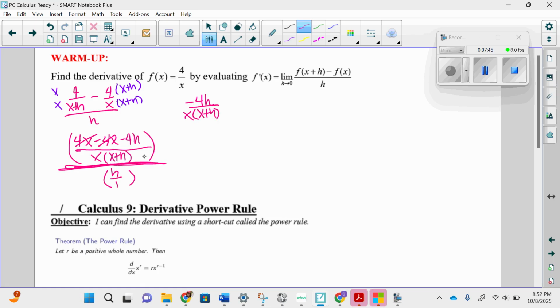And instead of dividing by the fraction, we multiply by the reciprocal. So those h's simplify, and we end up with negative 4 over x times x plus h.